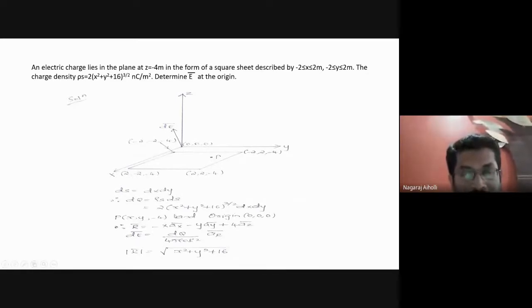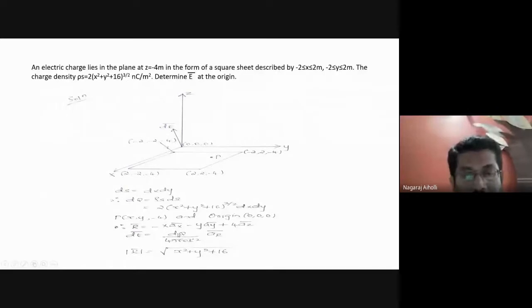Then R bar will be 0 minus x, that is minus x ax bar, plus 0 minus y, that is minus y ay bar, plus 0 minus of minus 4, that is plus 4 az bar. It is a generalized equation for some point.